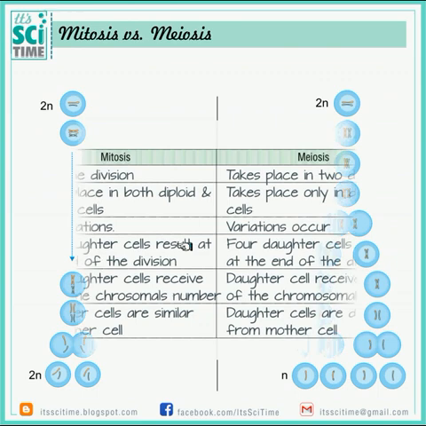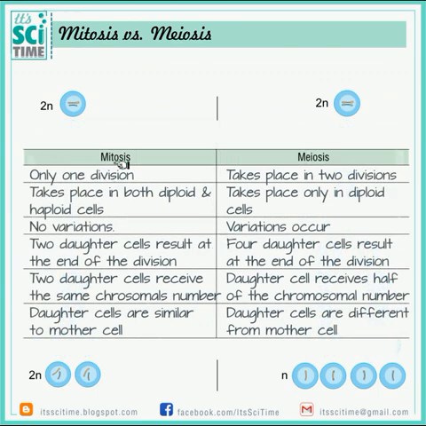Here's the comparison table. Mitosis has 1 division, meiosis 2 divisions. Mitosis occurs in both diploid and haploid cells, but meiosis occurs only in diploid cells. In mitosis no variations occur, but in meiosis variations occur. Mitosis results in 2 daughter cells and meiosis results in 4 daughter cells.